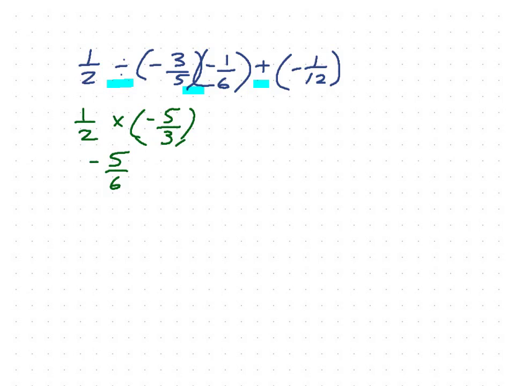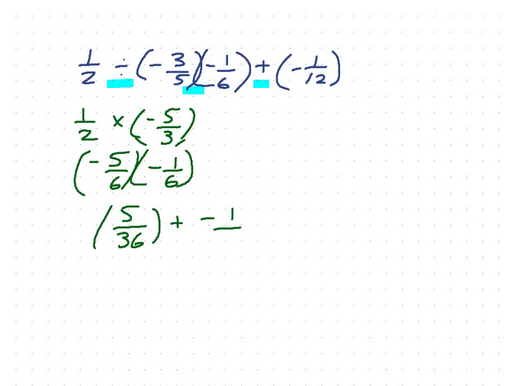That's the product of the first. You've got to multiply that by a negative 1/6. Keep them in brackets if it helps you organize your brain. So negative 5/6 times a negative 1/6 is going to become a positive 5/36 plus a negative 1/12.